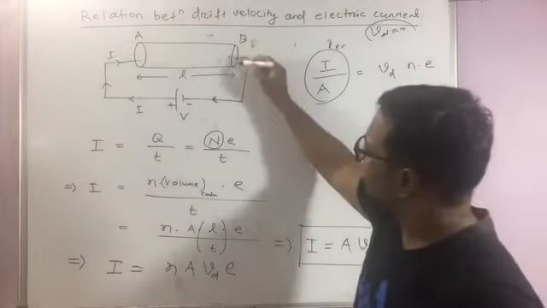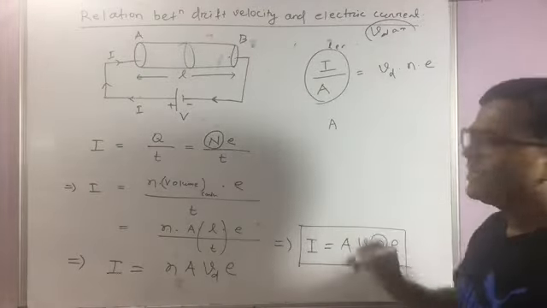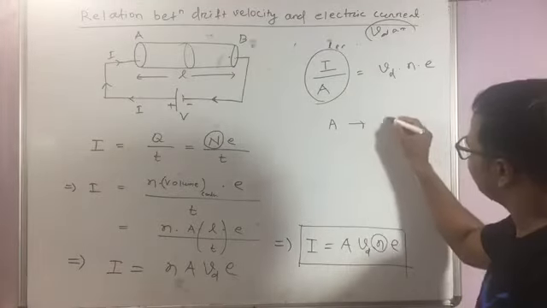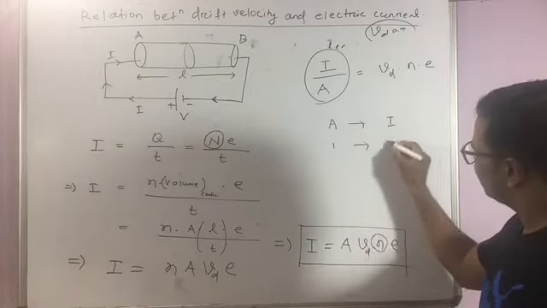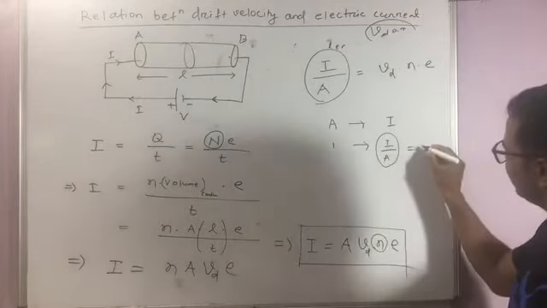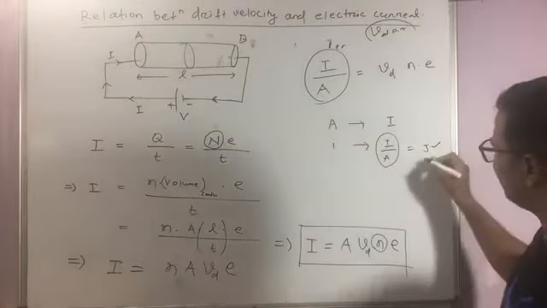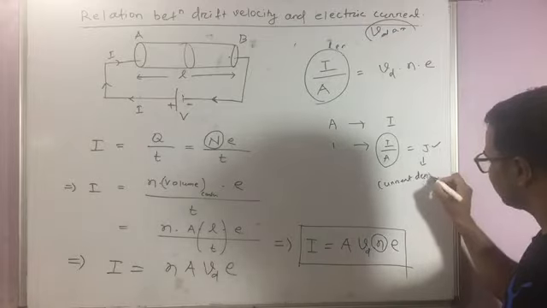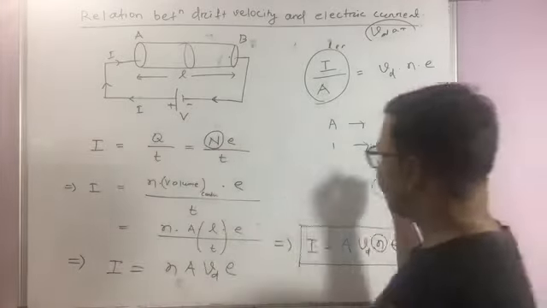Suppose A is the cross section, and in cross section A, I amount of current is flowing. So per unit cross section, the amount of current that is flowing is I by A. This quantity is your another quantity that is called current density.